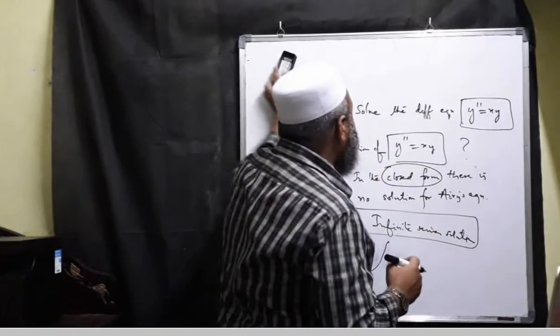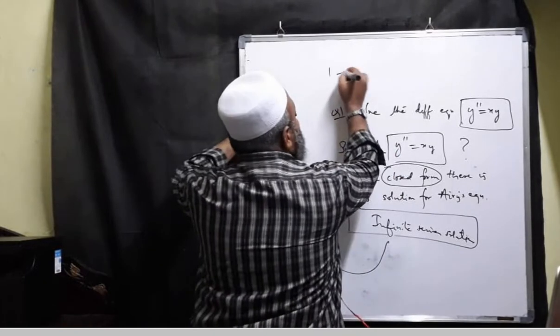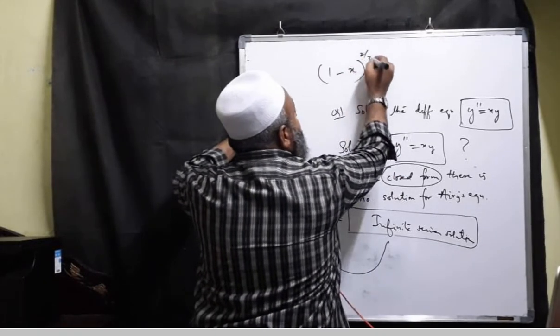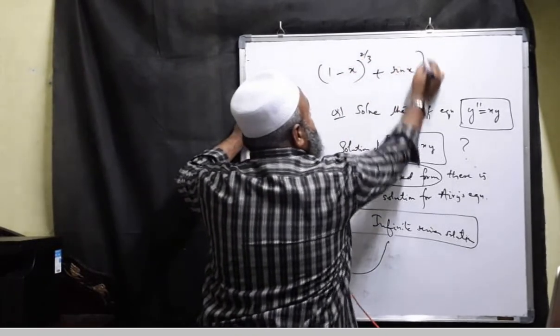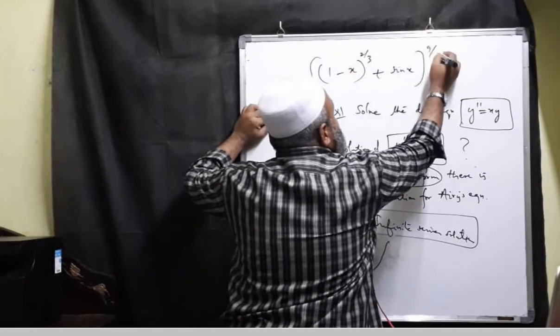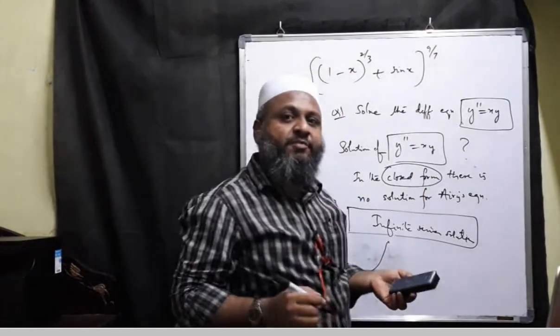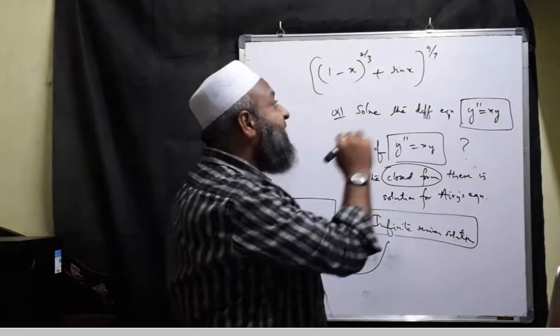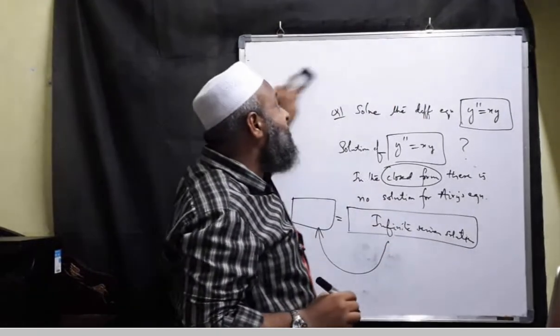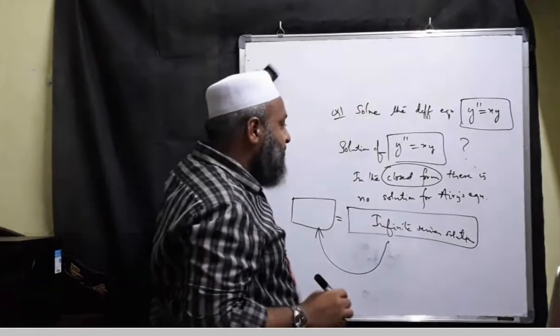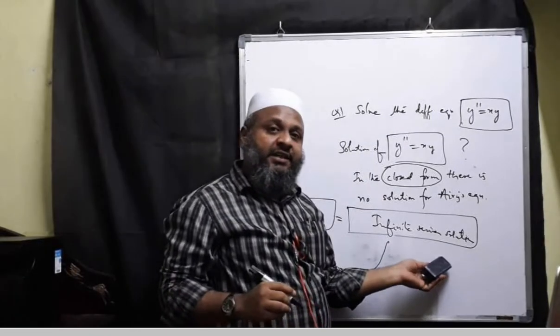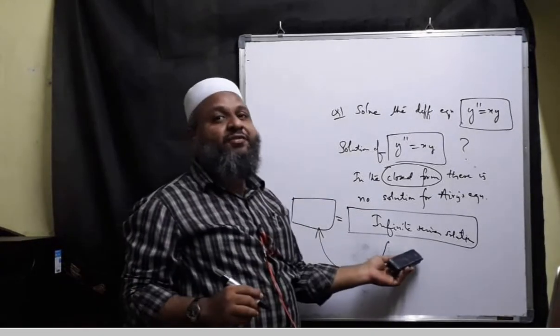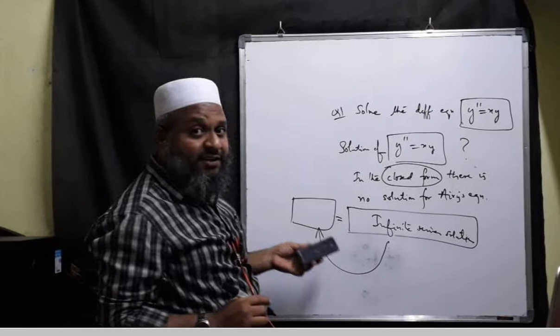Now if I write 1 minus x to the power of 2 by 3 plus sin x whole to the power of 9 by 7, then it is a closed form expression. But if I write an infinite series expansion, it is not called a closed form. So for some infinite series, closed forms are available. For some infinite series, closed forms are not available.